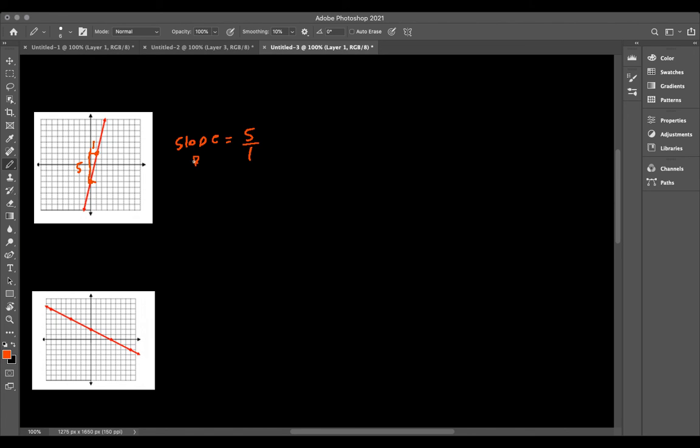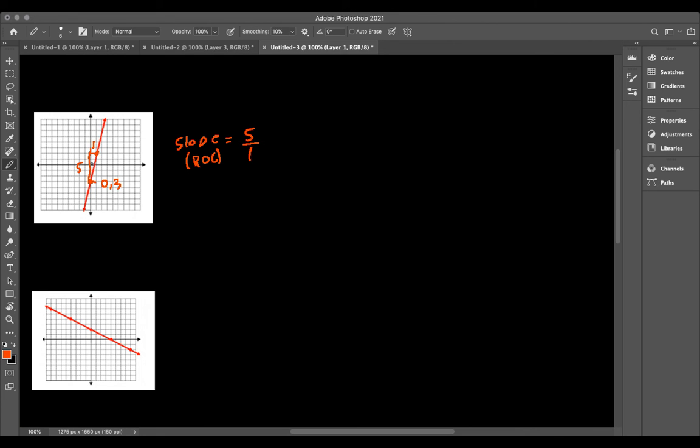Now let me prove that mathematically so we can actually see it. All I have to do is count. So how many, count from the origin? 1, 2, 3. So this is (0, 3), because it's the y-intercept.